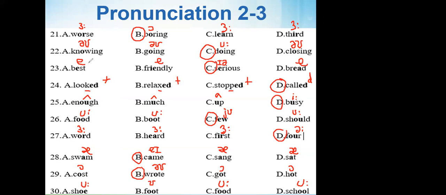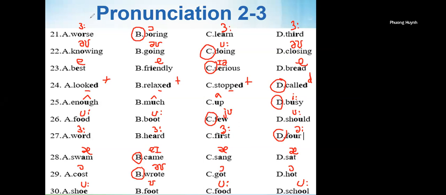Looked, relaxed, stopped, called. 25. Enough, much, up, busy. 26. Food, boot, feel, should. 27. Words, hurt, first, for.